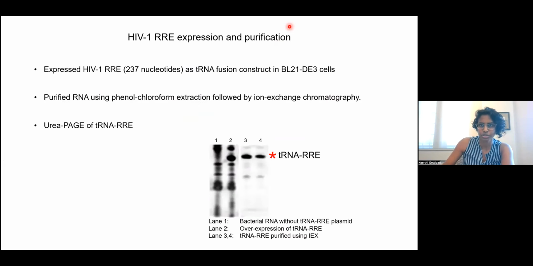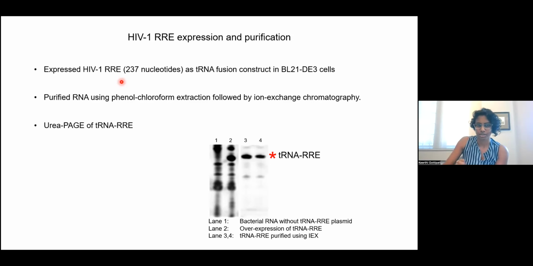All right, so using the same approach, this is where we started attacking the full-length RRE. Even though the RRE is 350 nucleotides long, the functional part of the RRE, which is required for RNA translocation, is just 237 nucleotides.